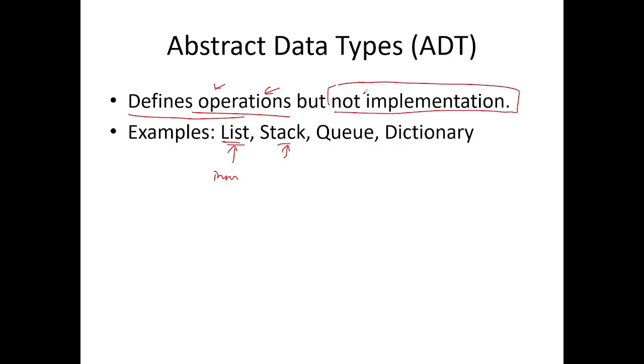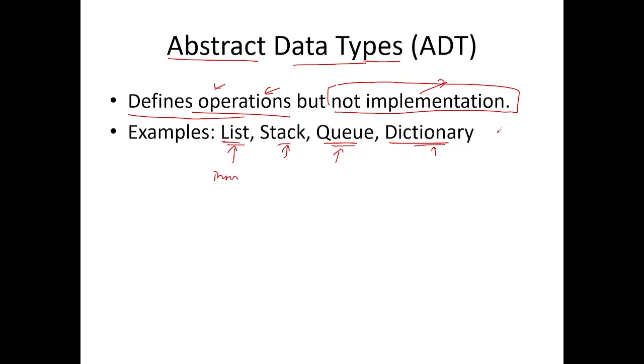All the details of implementation are not considered in abstract data types. And in queues you insert an element in a different way compared to a stack. The dictionary you will not be learning here, but you learn it whenever you are studying Python and so on.